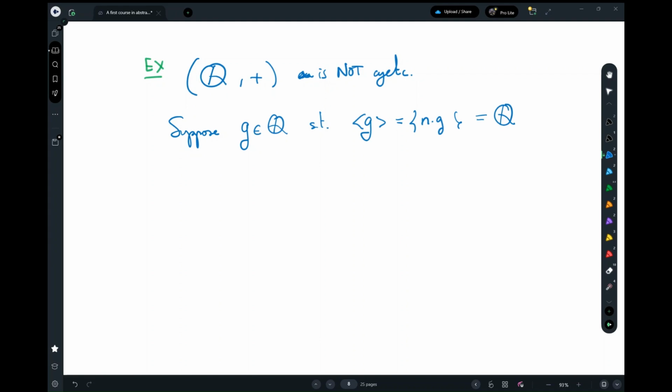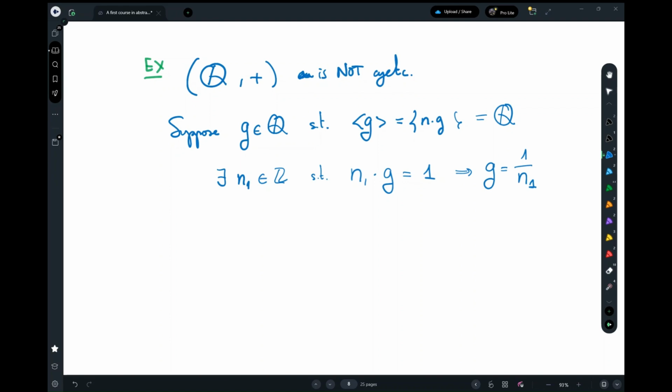Okay, then, for example, the number 1 is in here. So there is some n1, an integer, by the way, such that n1 times g is 1. And that would tell me that actually g is 1 over n1.